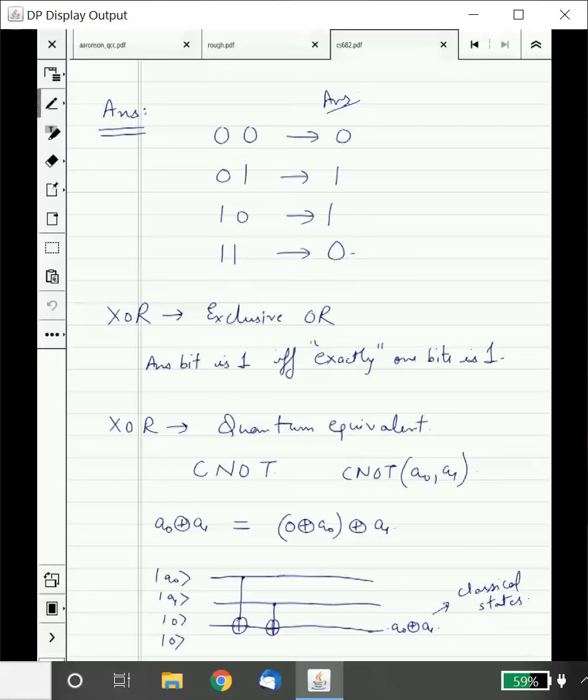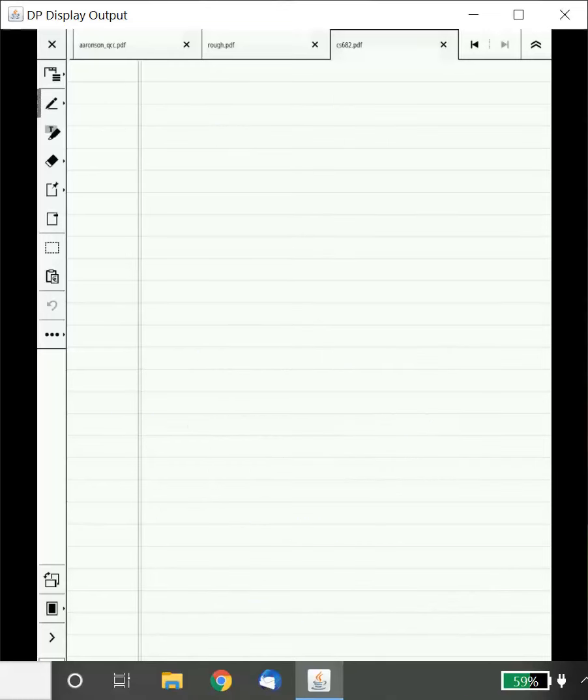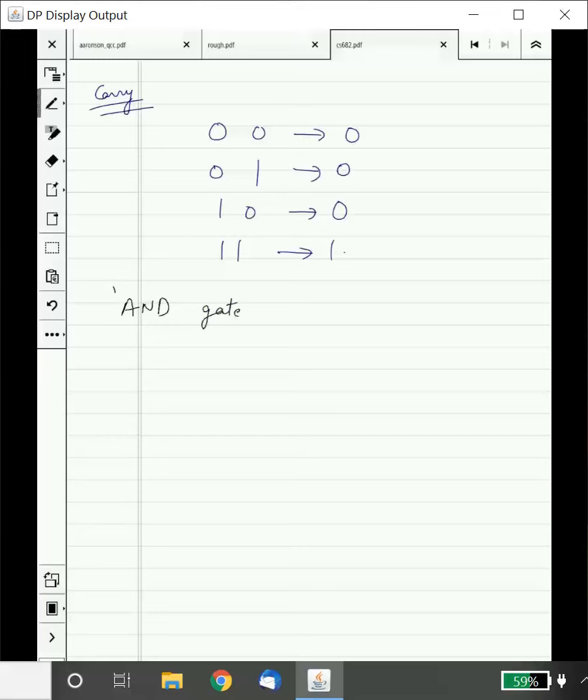What about the next carry bit. Let's see once again the action. On 0 0 carry bit is 0, on 0 1 or 1 0 again 0, only it is 1 when the input is 1 1, and you can again recognize this is the AND gate classically. It's a simple AND gate, but how can we do it quantumly?